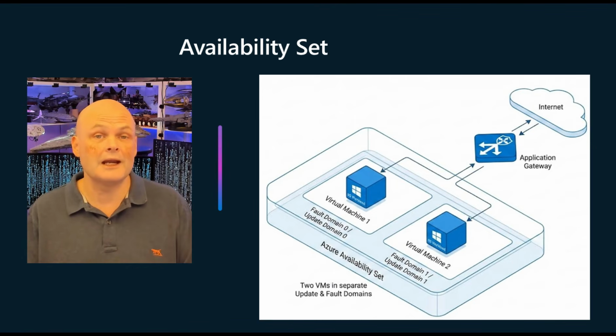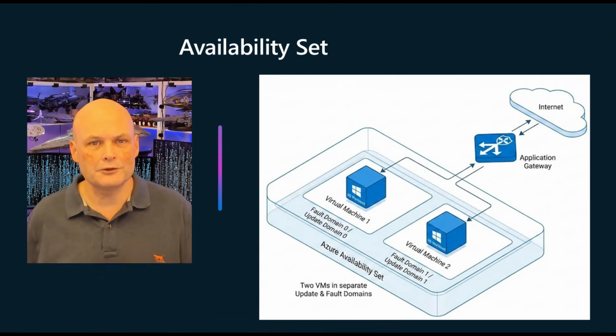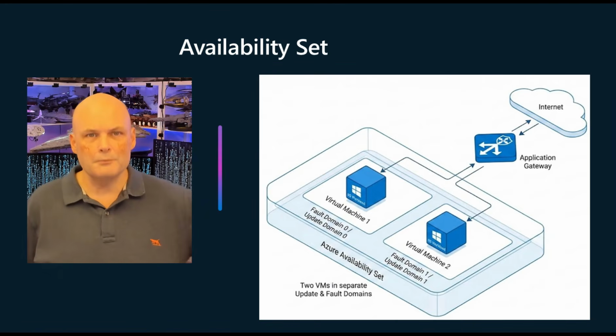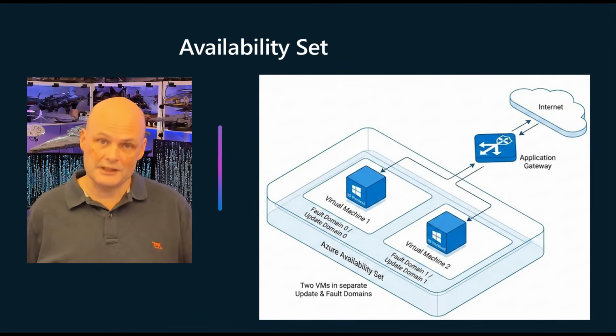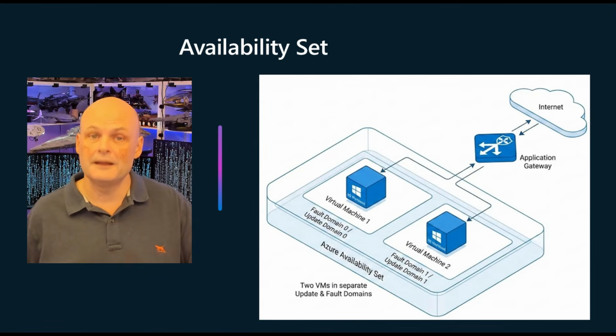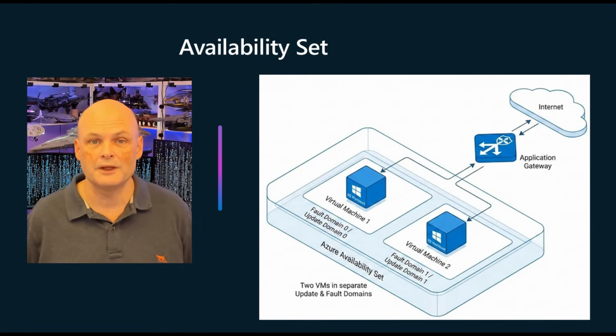To get the higher level SLA we're going for, we're going to also put the VMs on premium storage. Now, because we've got them in different fault and update domains, only one IIS instance will be rebooted at any time, with traffic automatically redirected to healthy instances via some type of Azure load balancer, which we're going to actually use Application Gateway for.